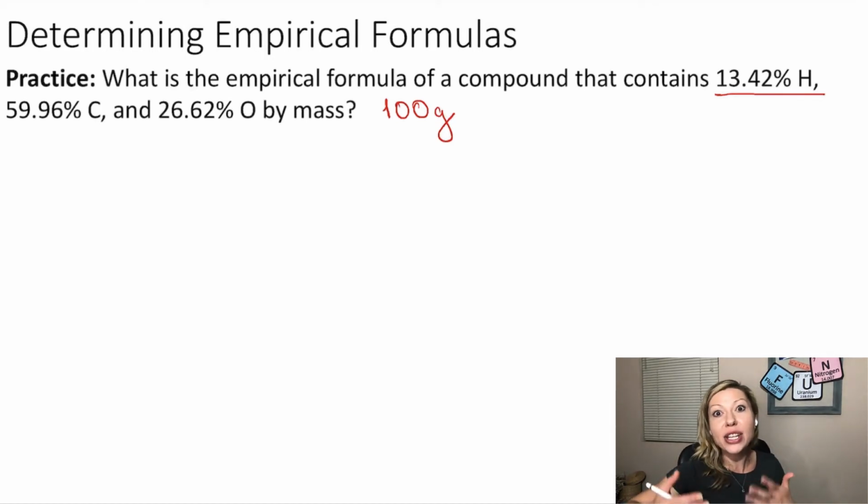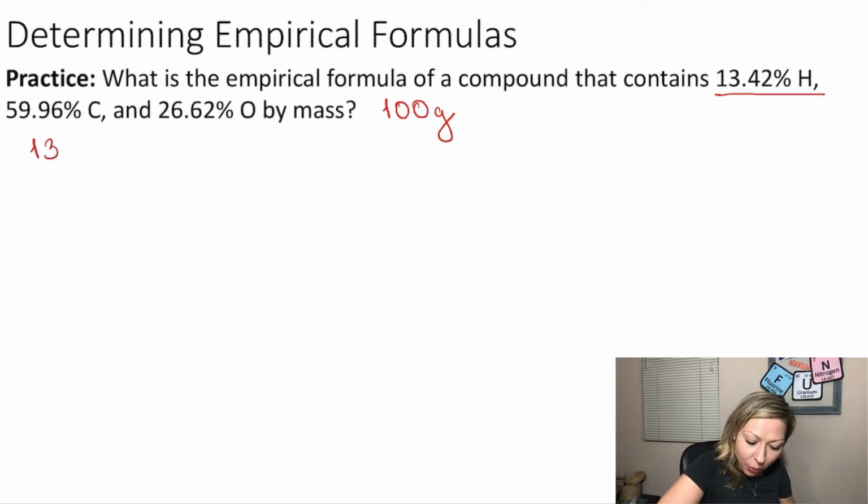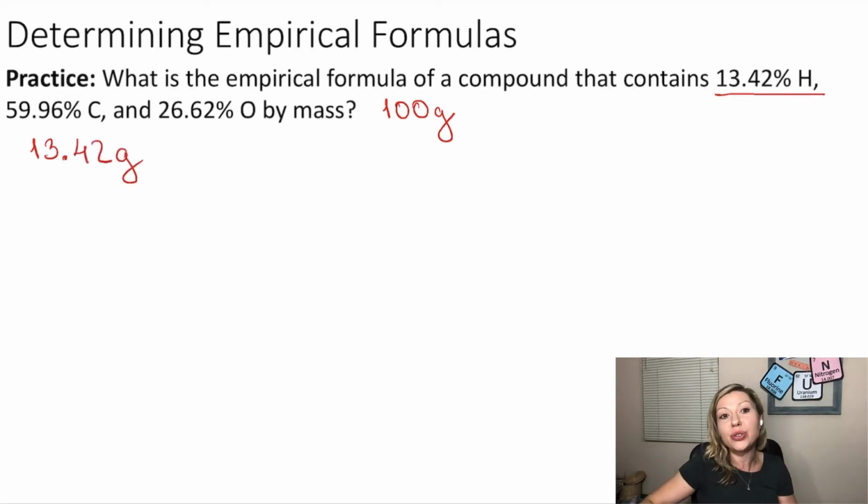Okay, now if I know the grams of hydrogen, I can easily count the moles of hydrogen. And then if I know the moles, I can come up with how many atoms I have in one formula unit. Let me show you exactly how. So since we have 100 grams, 13.42 grams out of those 100 grams is hydrogen.